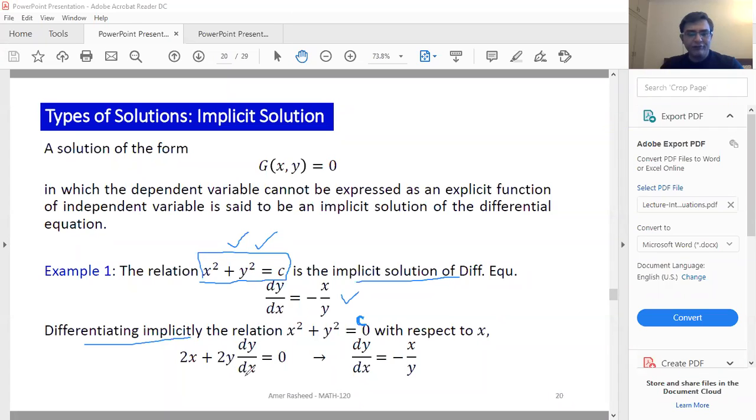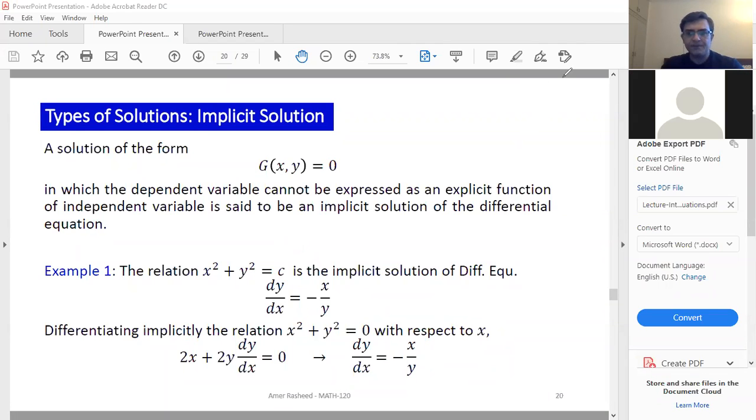Now if we solve for dy by dx, we obtain dy by dx is equal to minus x by y, which is the given differential equation. So this function satisfies this differential equation, so it is an implicit solution. I hope you got it. If you have any question, you can ask me in the chat window or directly.